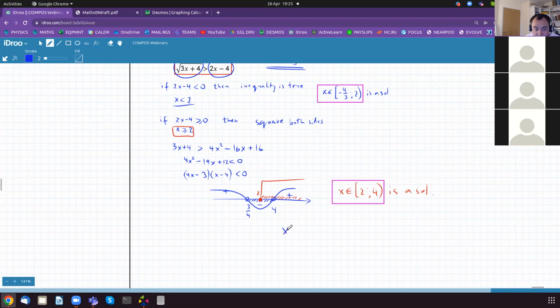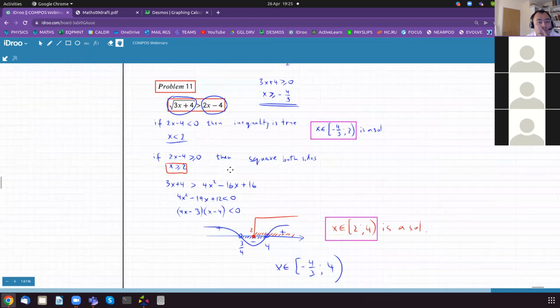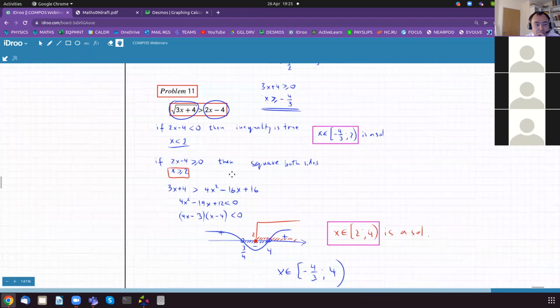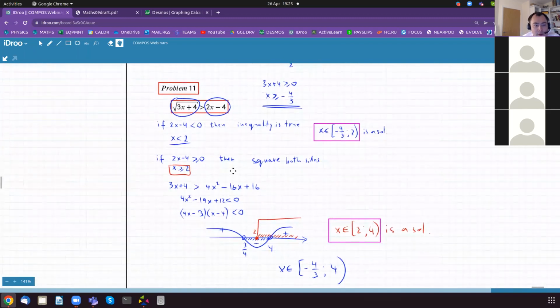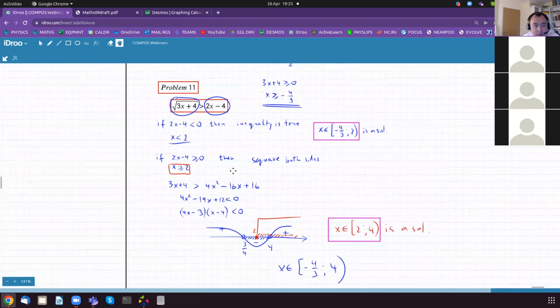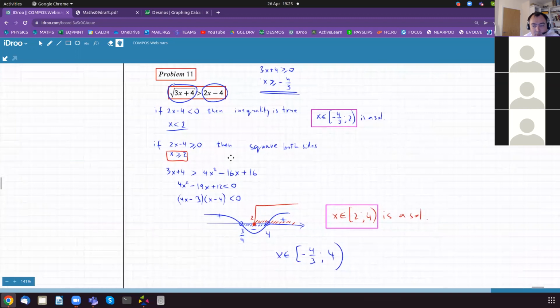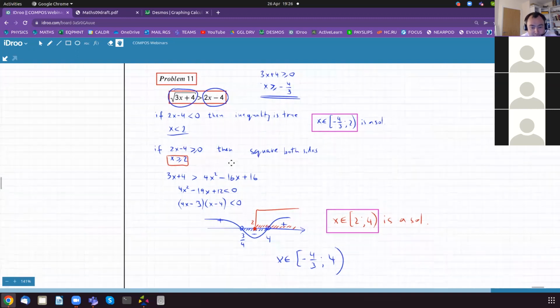So x belongs from -4/3 to 4, not including. Yeah, that's about it.